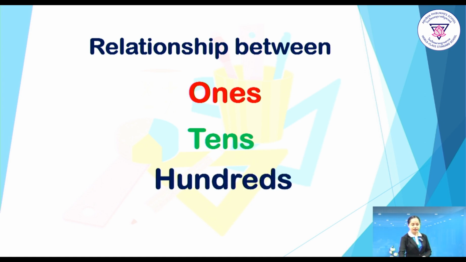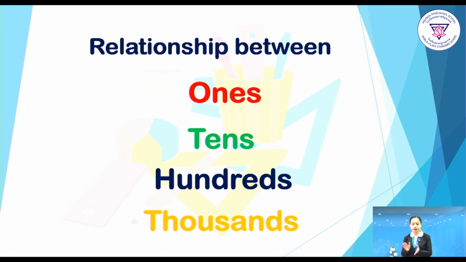In this lesson, I will teach you how to read and write the value of the number. As you can see, we have here figure 1, figure 2, and figure 3. Let's do figure 1 first. In this figure 1, how many counters can you see inside the oval?